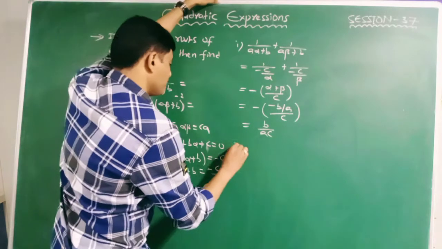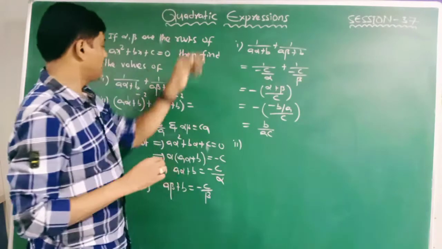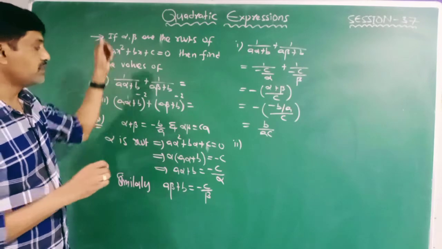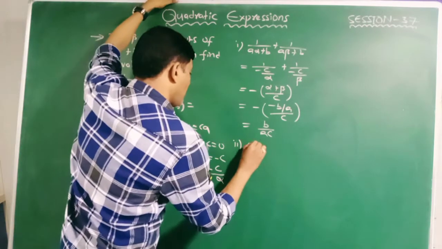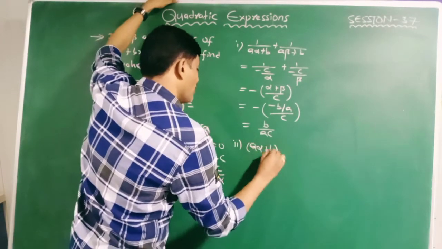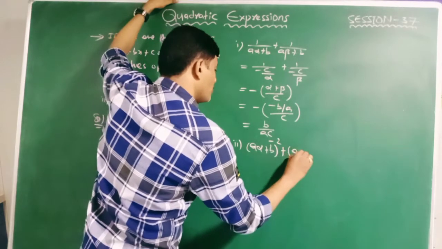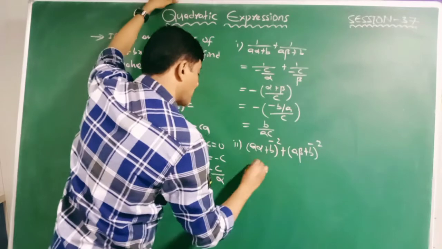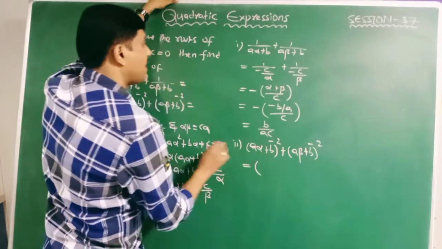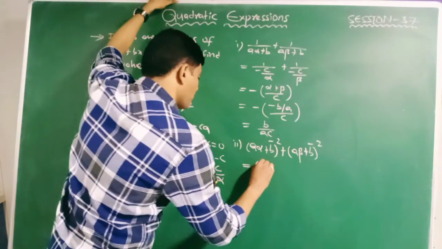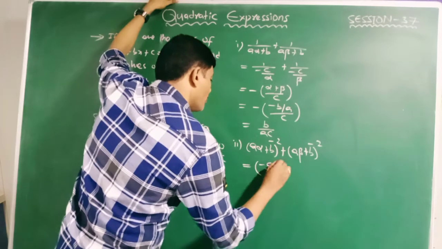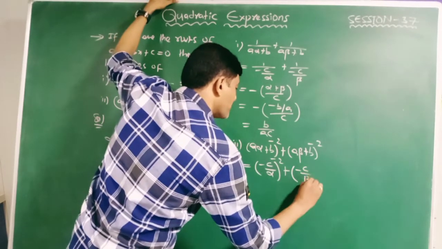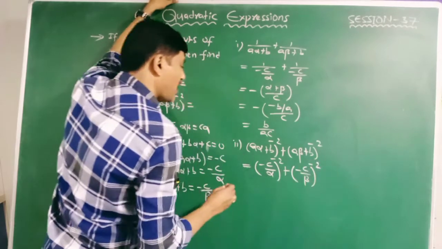Now move on to the second one, which is (a alpha plus b) whole power minus 2 plus (a beta plus b) whole power minus 2. What is this value? (Minus c by alpha) whole power minus 2 plus (minus c by beta) whole power minus 2.